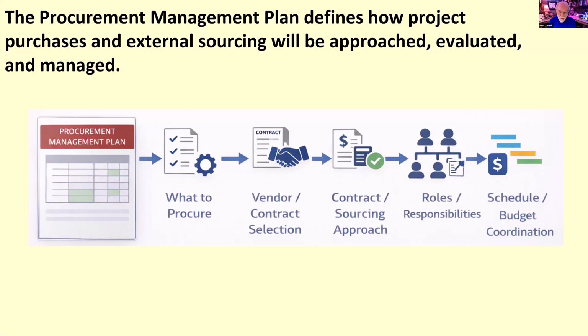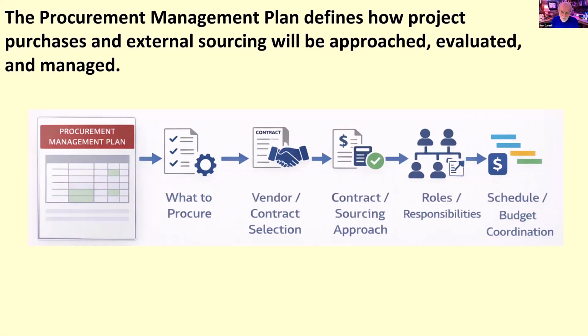The plan should also describe how vendors, suppliers, or contractors will be selected. This may include criteria such as cost, capability, availability, quality, experience, compliance requirements, delivery reliability. Even if the project uses simplified forms, you should show that procurement decisions are intended to be thoughtful rather than arbitrary. And the same thing would apply to your course projects.